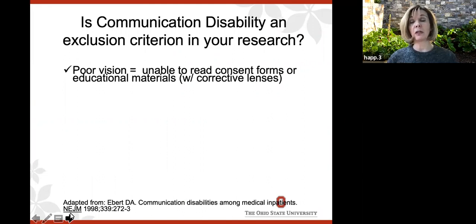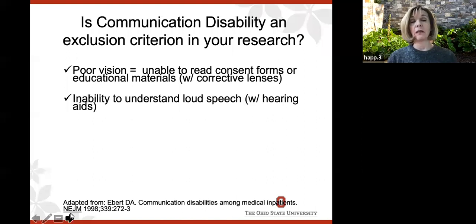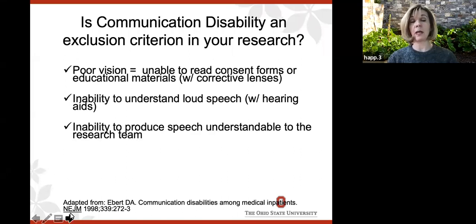If potential participants aren't able to read consent forms, or measurement tools, are they then excluded? The same question applies to hearing impairment and the ability to speak in a way that's understandable to the research team.